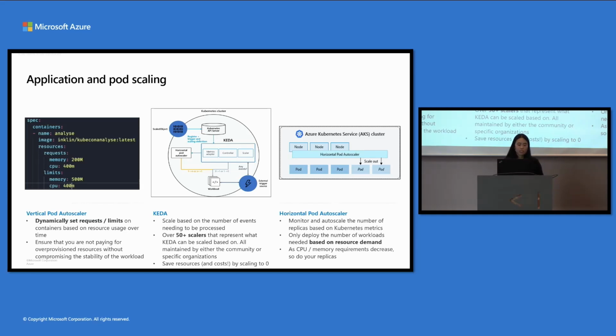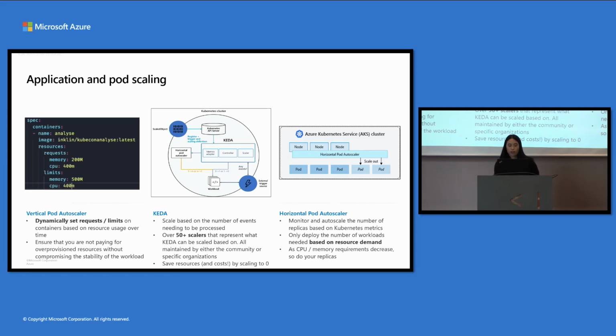You can also use KEDA, which a couple of the PMs in previous sessions called out and Ali demoed before. With this you can scale on a number of events, HTTP requests, based on compute, based on memory, and there are over 50 scalers that KEDA can scale on.